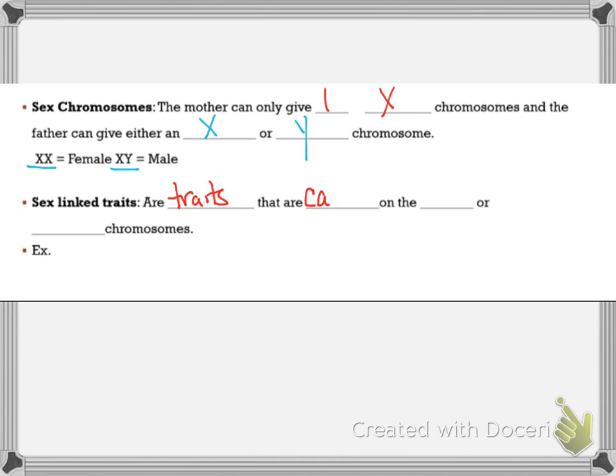So these are traits that are carried on the X or the Y chromosome. For example, color blindness. Color blindness is carried on the X chromosome.